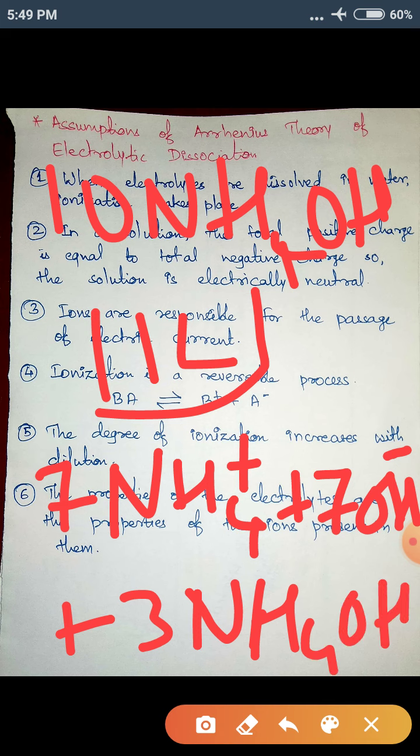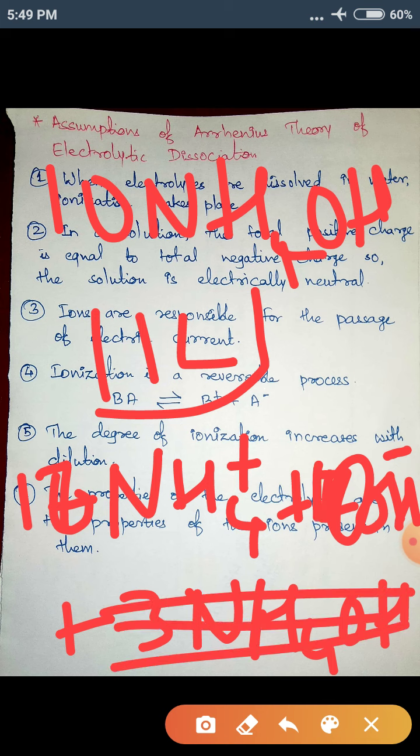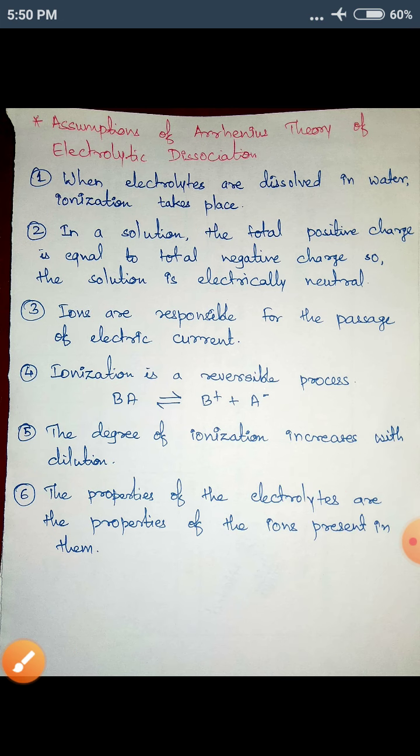So when do I get 10 molecules of NH4 plus and 10 molecules of OH minus? When I increase the amount of water. When I make it, say, 2 liters, all the 10 molecules of NH4OH dissolve completely. So when I add water, that means when I dilute the solution, ionization increases. Therefore, that is what is given in point number 5: the degree of ionization increases with dilution.